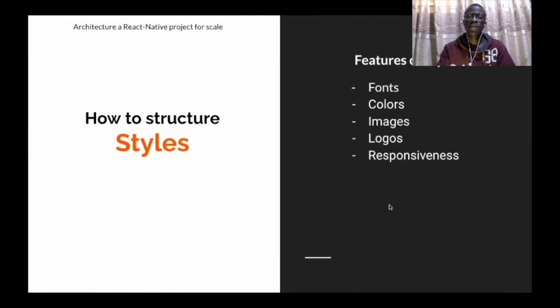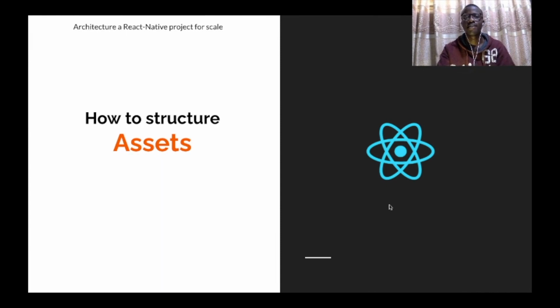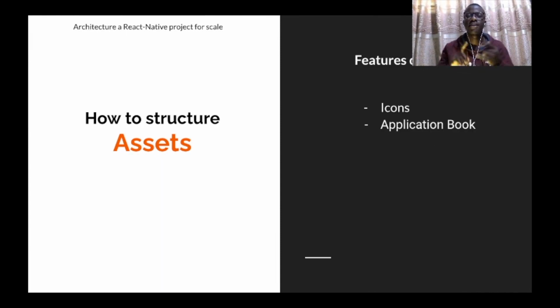Now the next, how do we structure our assets, right? Our assets comprise of icons and an icon called application book. We'll get to that. But why did I separate assets from styles?